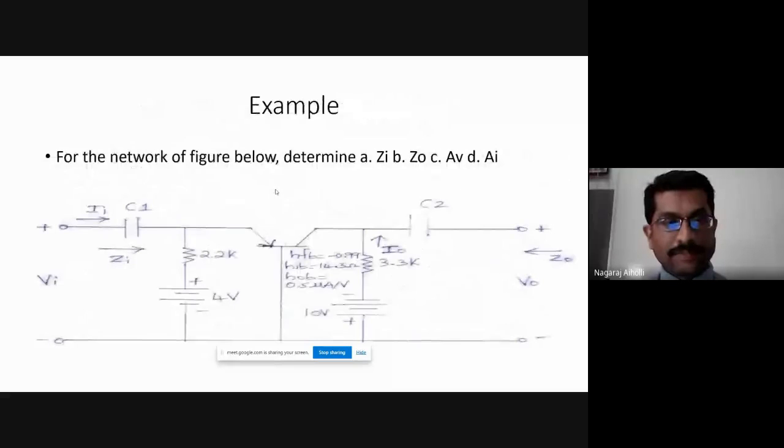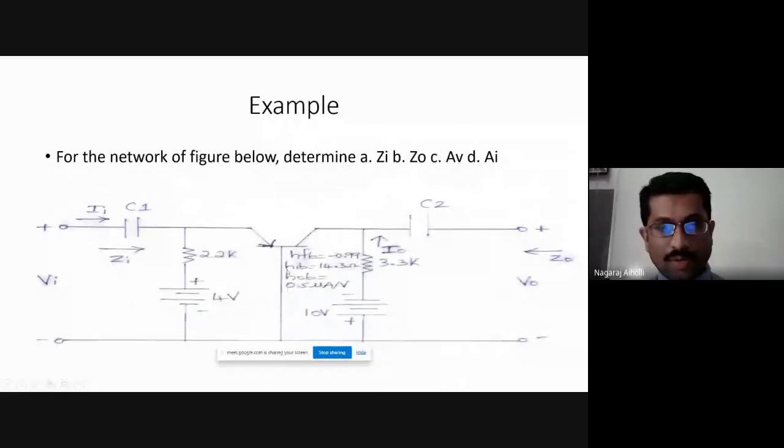Next, we'll take up one example. Note down this example quickly. For the network of the figure below, determine input impedance Zi, output impedance Z0, voltage gain AV, and current gain AI. Note down this circuit: input voltage Vi, input current II, input impedance Zi, C1 input capacitance, then RE is 2.2K emitter resistance, then VEE, the voltage connected to the emitter terminal, is 4 volts.